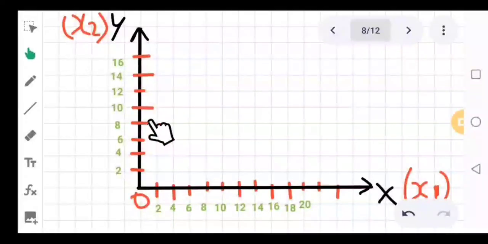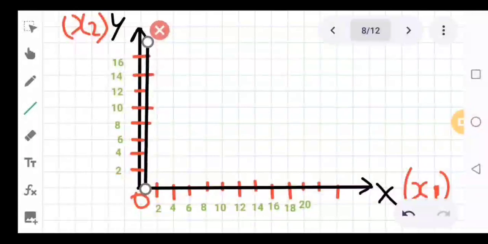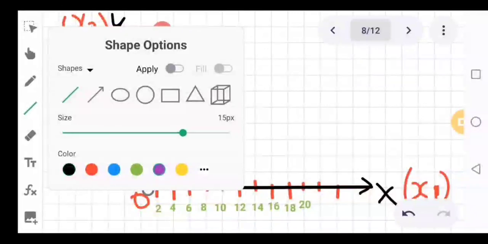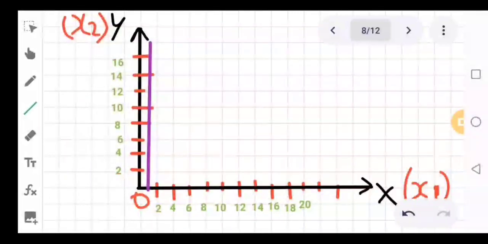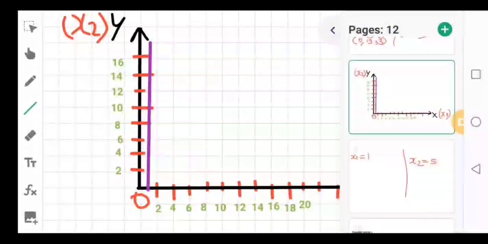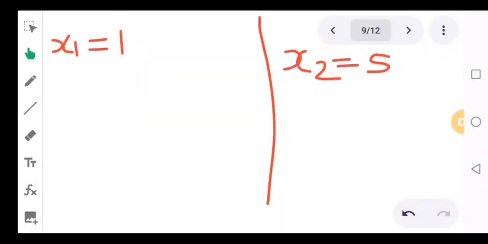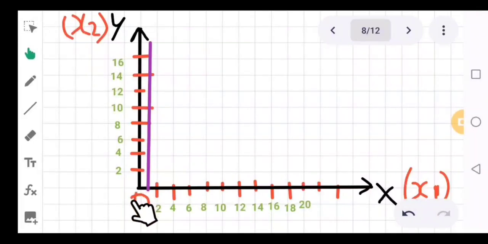So from here we need to draw a straight line. I have roughly done this. Let this be purple. So your purple line represents x1 is equal to 1.